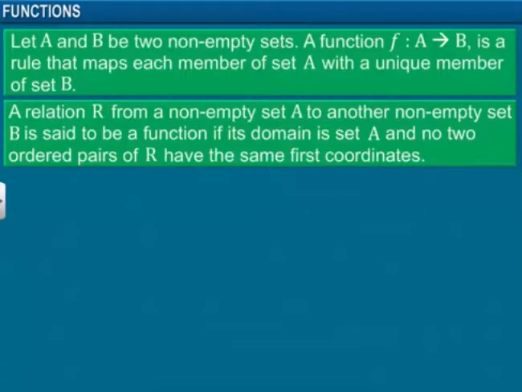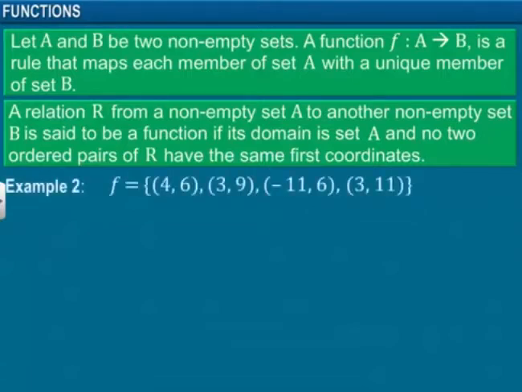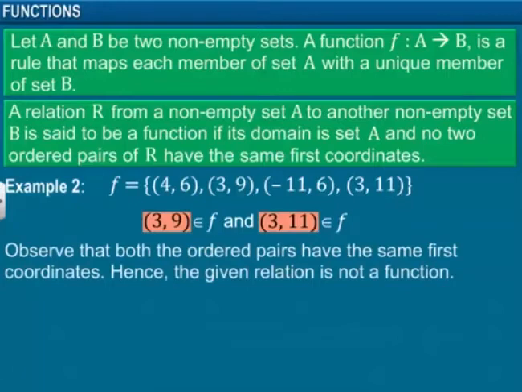For example, let F be the set as shown. The ordered pairs (3, 9) and (3, 11) belong to set F. Observe that both the ordered pairs have the same first coordinates.